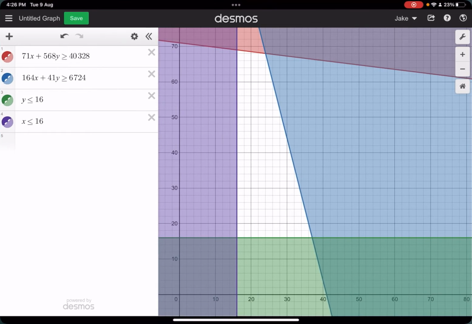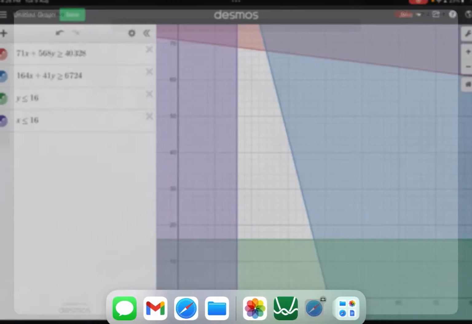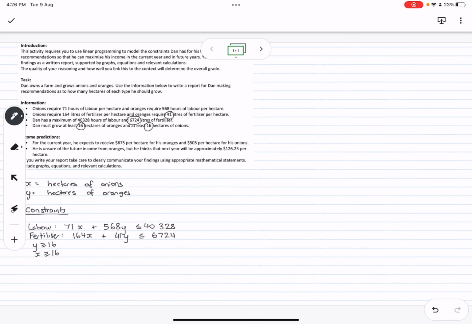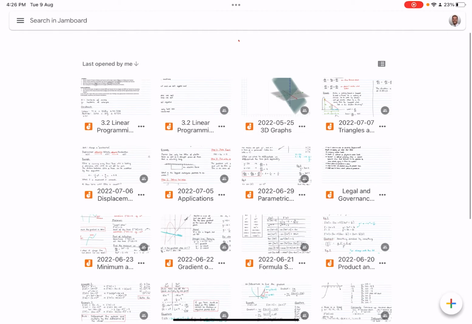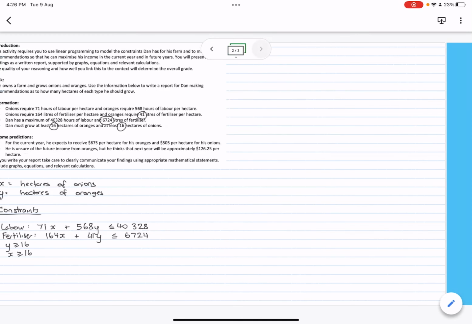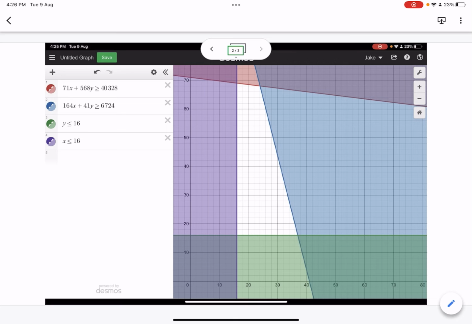Right, so let's come back now to our Jamboard, and hopefully this has picked up our second page. It has not. Right, so now what we're going to do is label the things that we've got going on in this graph.